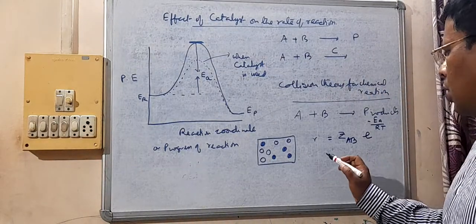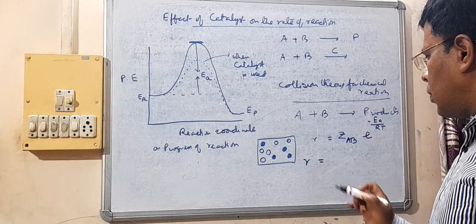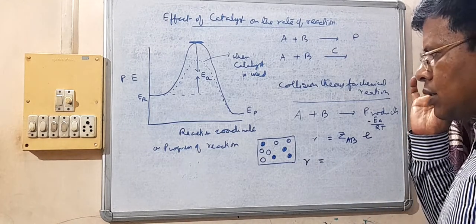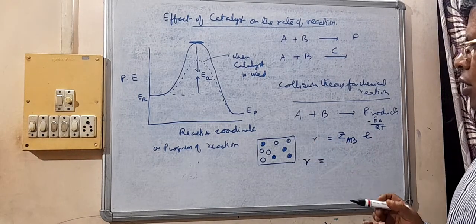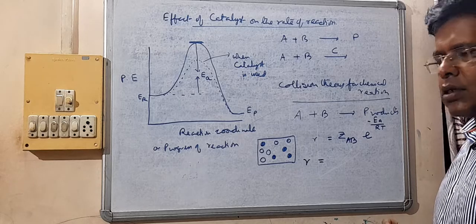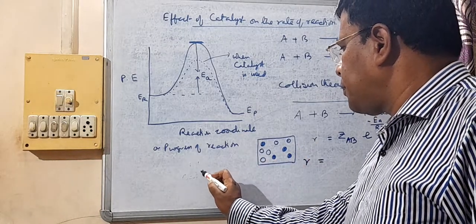Now there is another thing, that there are two important barriers for chemical reaction.